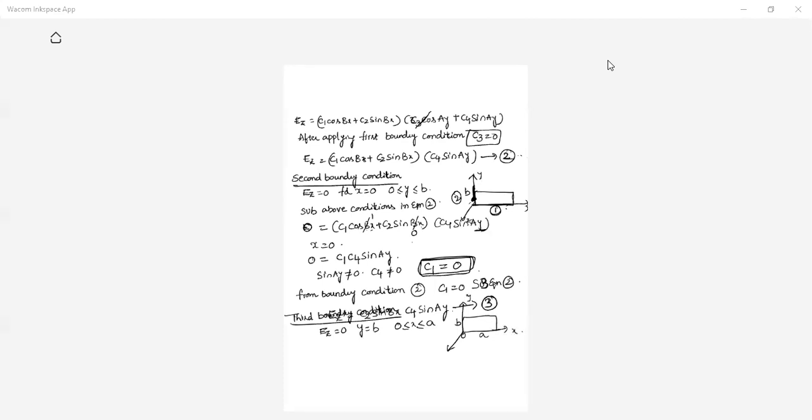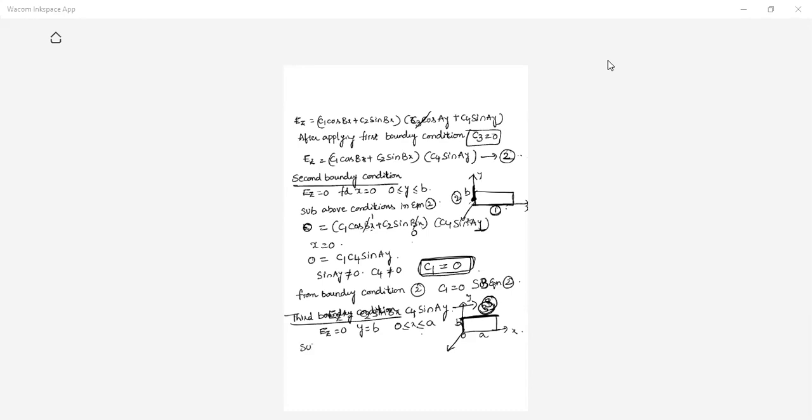Now what is this condition? Which phase are we taking? y is equal to b and x is varying. That means this phase we are taking. This is called 3. Okay.